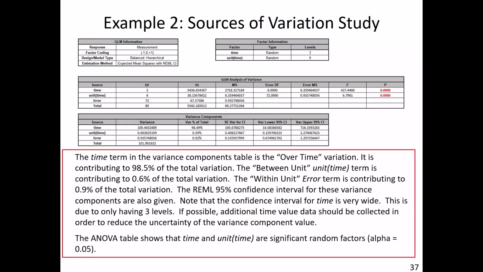Finally, the temporal, you can see here the variance component is 98.5% for time, and the others are very small. All right, so you have these three examples showing you clearly which bucket is the biggest. Oh, also here you can see that both factors are significant.